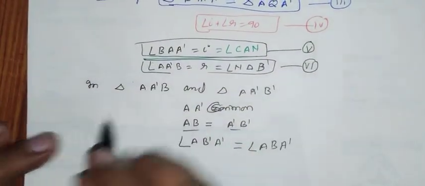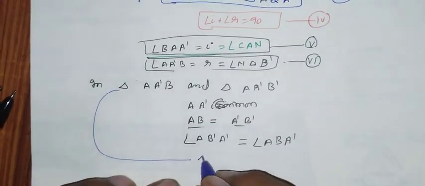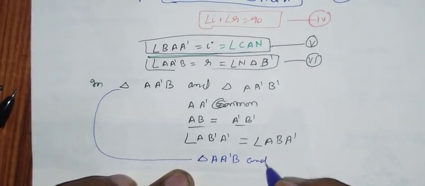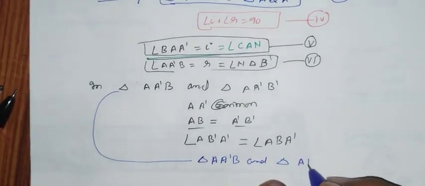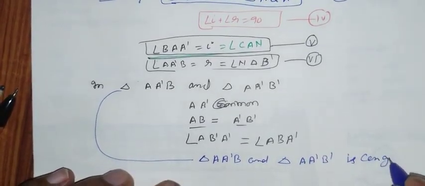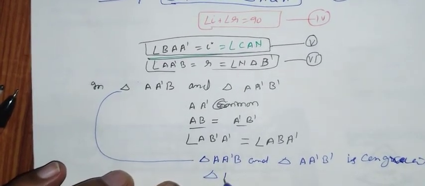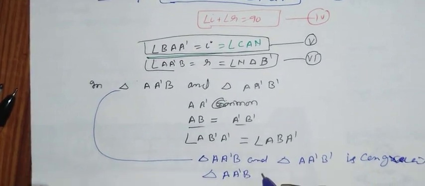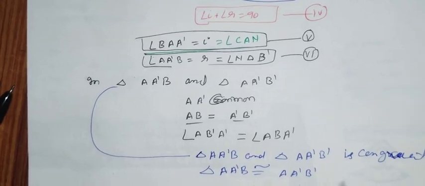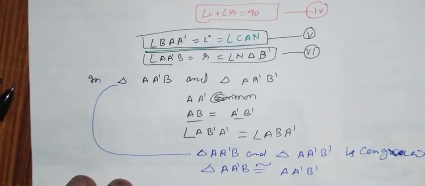This indicates that the triangle which we have chosen, triangle A'B and triangle A'B', is congruent, meaning equal in all respects. Their respective sides are equal and respective angles are equal.